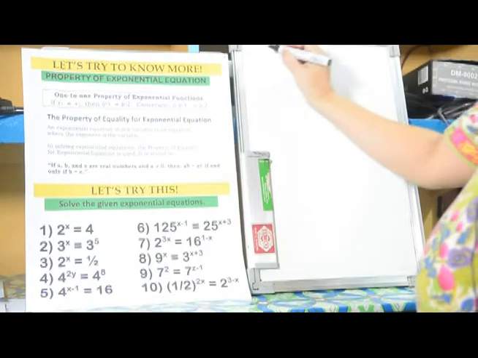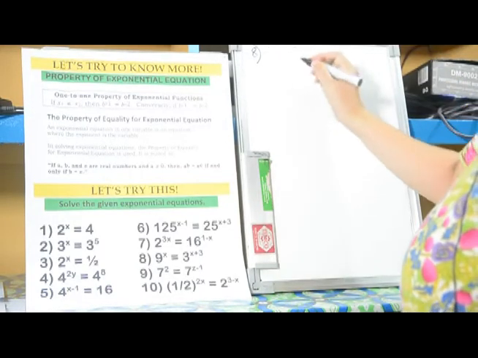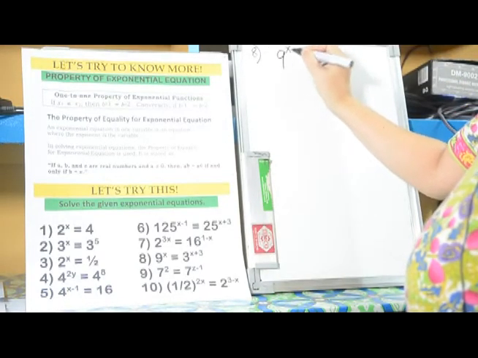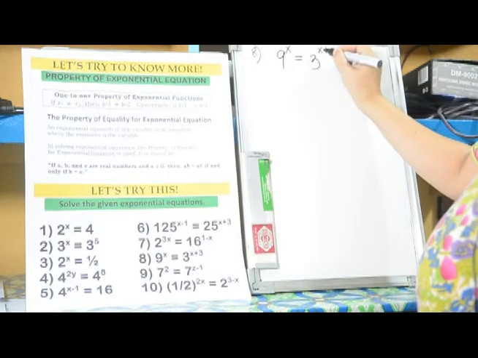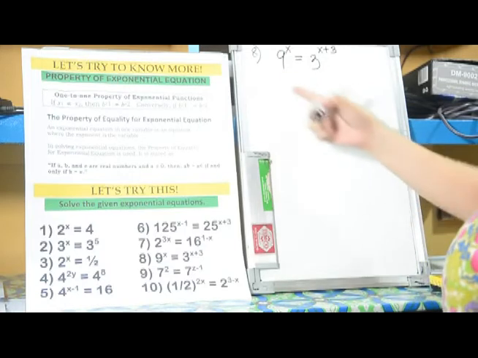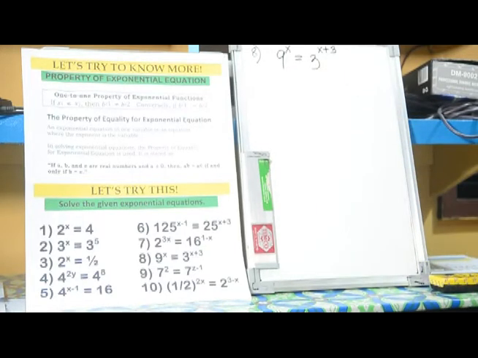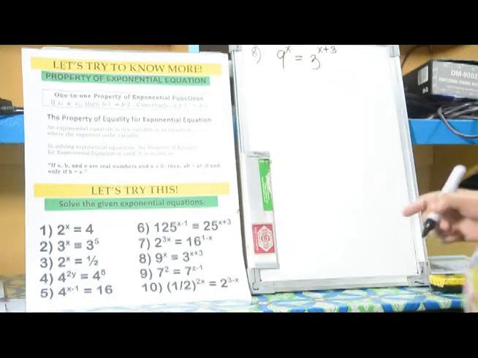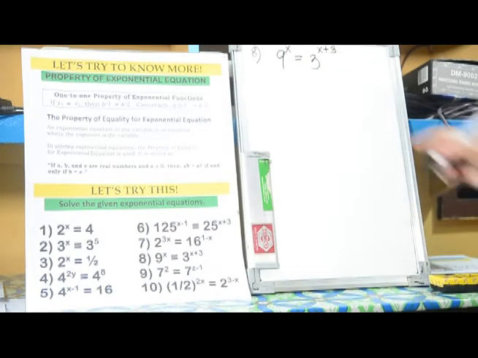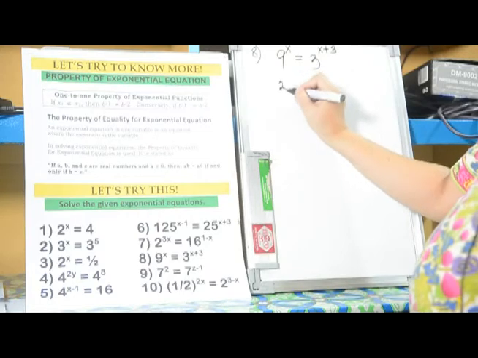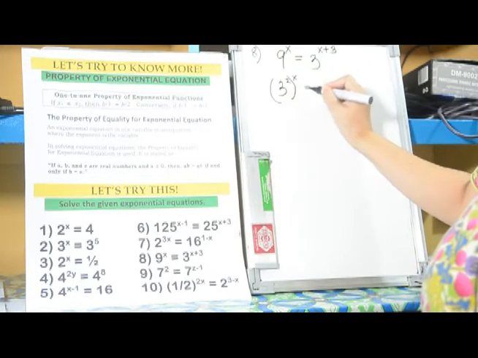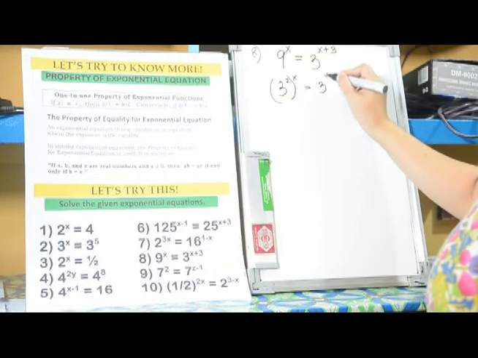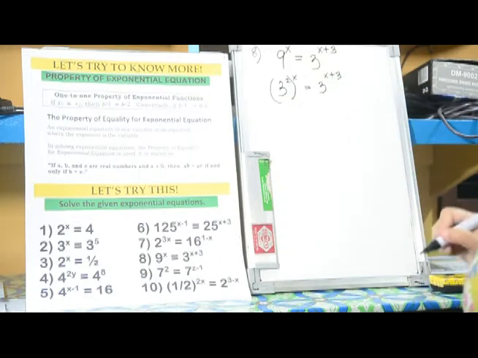Number 8, class, we have 9 raised to the power of x is equal to 3 raised to the power of x plus 3. Again, let's make this the same base. We can just use the least base, which is 3. So we have 9, which is 3 raised to the power of 2, raised to the power of x, is equal to 3 raised to the power of x plus 3.